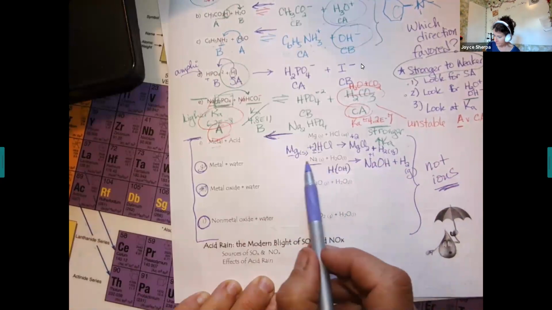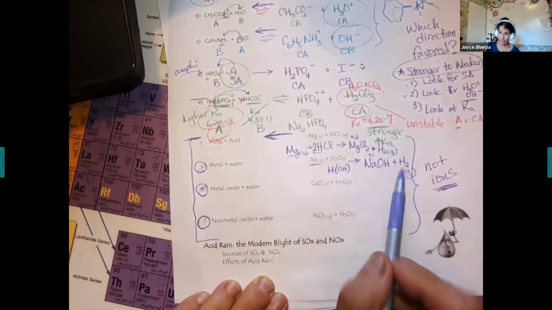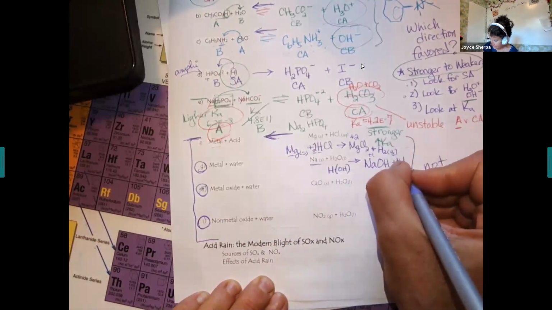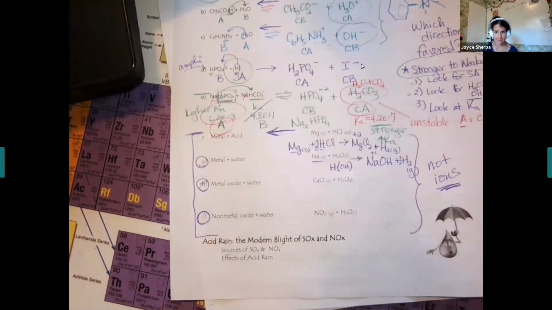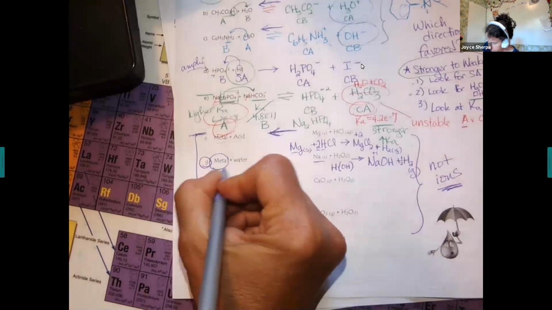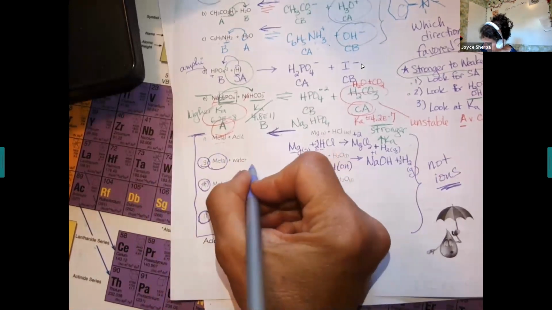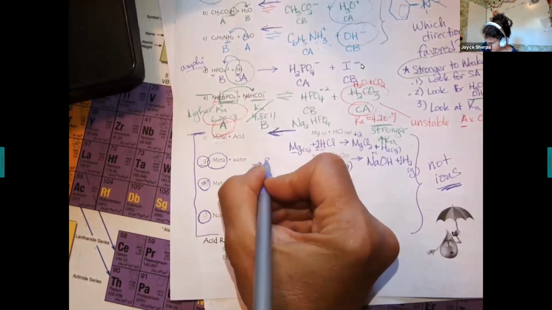You can balance by doing 2, 2, 2, 1, or you could put a 1/2 in front of the hydrogen. I don't really care if you use fractions to balance. So the general rule is that metals, when you place them in water, form a basic solution.